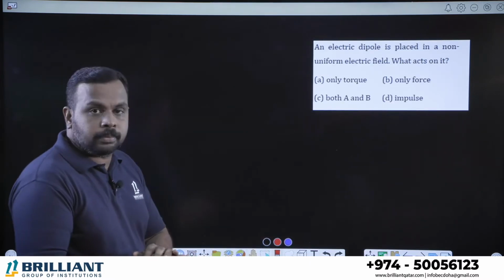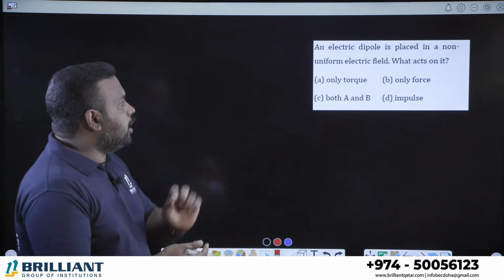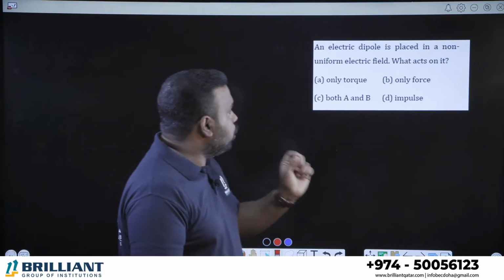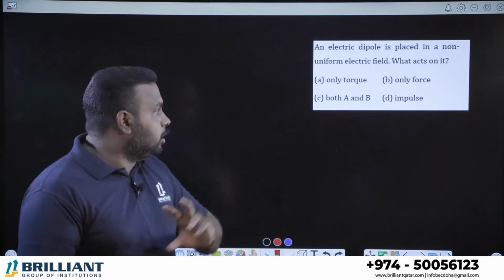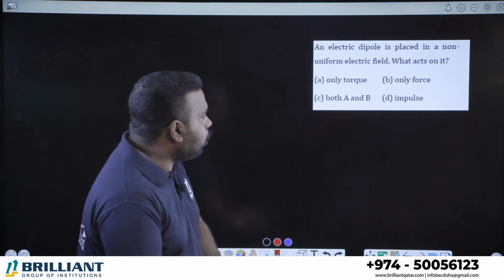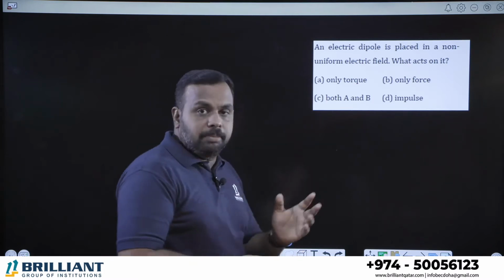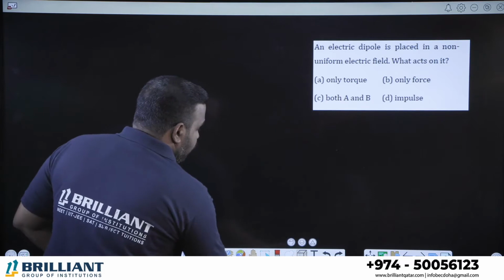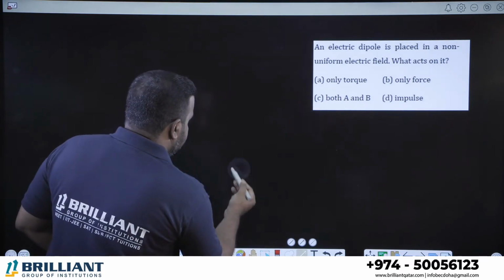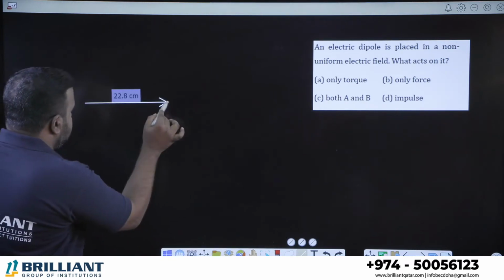Look at this. An electric dipole is placed in a non-uniform electric field. What acts on it? Options are only torque, only force, both A and B, impulse. See, if you are considering a uniform electric field, look at this.